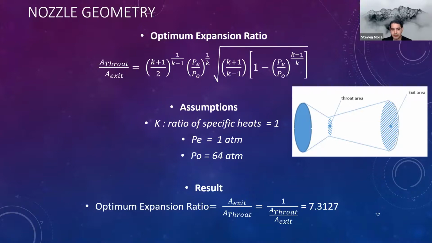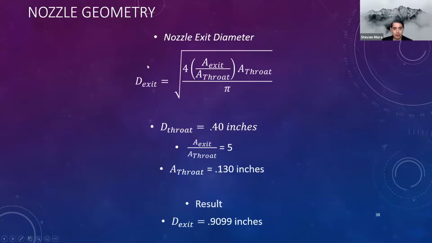In addition, I was advised by my advisor, Dr. Santner, to scale down that optimum expansion ratio to a ratio of 5, in order for it to be scaled back up into the Eagle Rocketry's full-scale model on their fuselage. Given the expansion ratio of 5, we're able to figure out the optimum exit diameter.